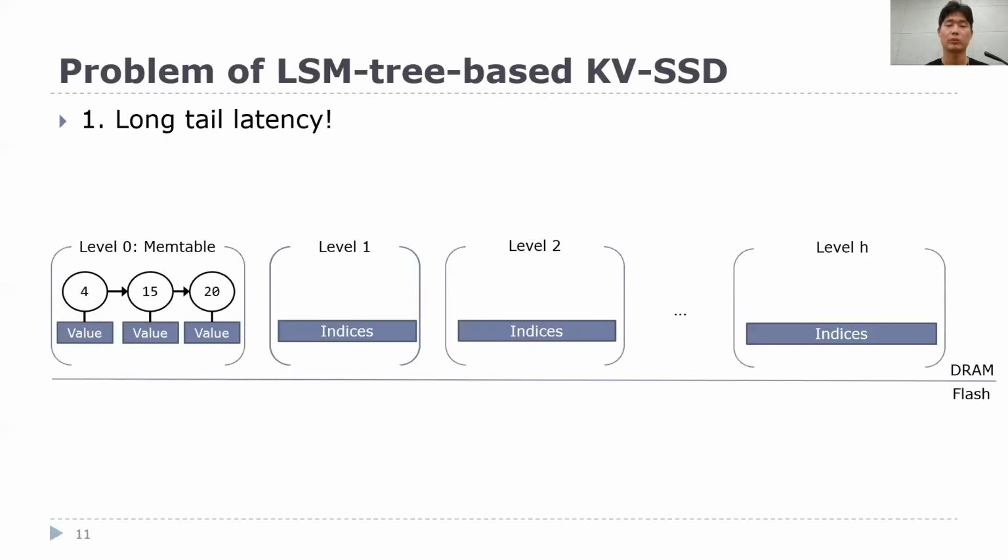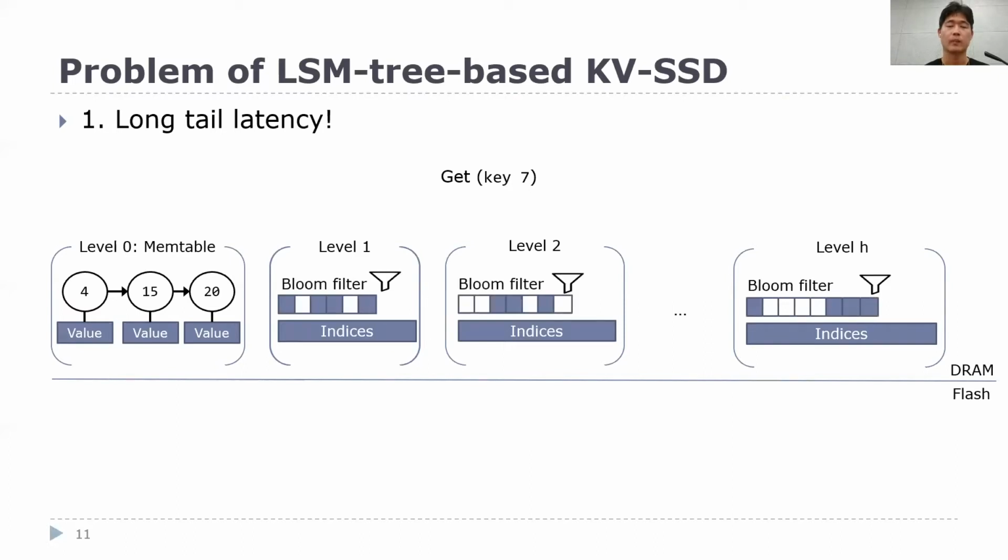The first problem of LSM-tree-based KV-SSD is the long tail latency. LSM-tree adopts Bloom filters to improve the performance of searching within a level. To retrieve a key value pair, it first checks level 0. If the target key is not found in level 0, it moves on to the next level.